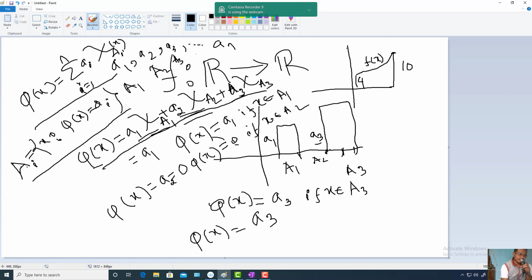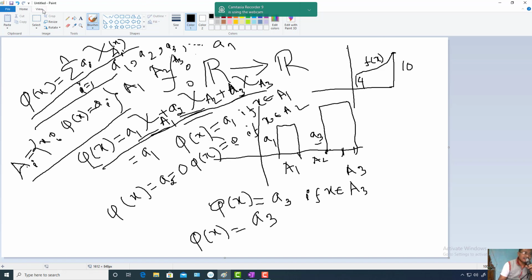That means the simple function can be written as a linear combination of characteristic functions. Since the function can take only finitely many values, it is a finite sum of characteristic functions.